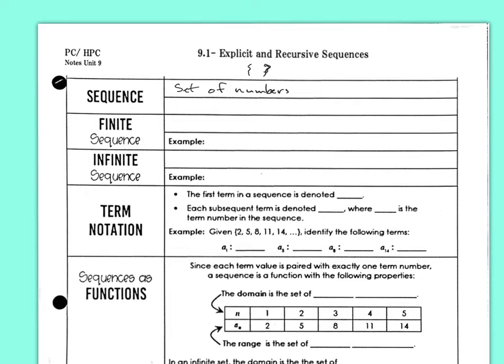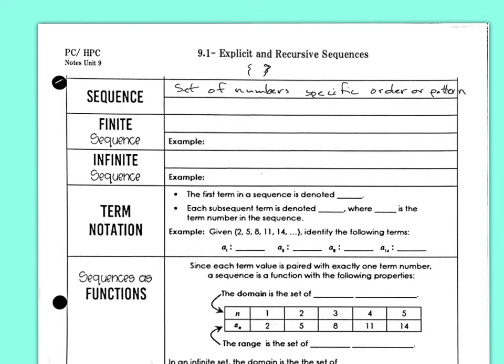I don't know that you have to write it that way if you don't want to. So it's definitely a set of numbers, and it has a specific order or pattern. And whatever that means, it means, right? It's going to extremely vary from one sequence to the next.